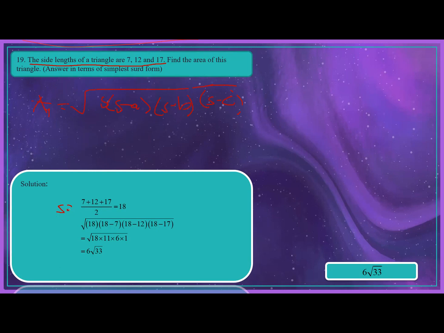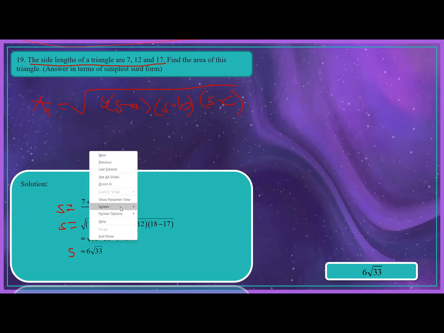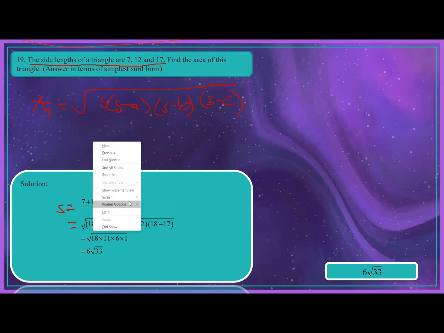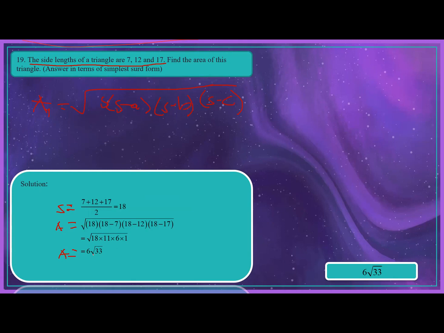So in this case, this is equal to 18. So substitute everything. So you have s times s minus 7 times s minus 12 times s minus 17. So simplifying the radical, we have the area, sorry, should be our area, to be 6 square root of 33 square units.